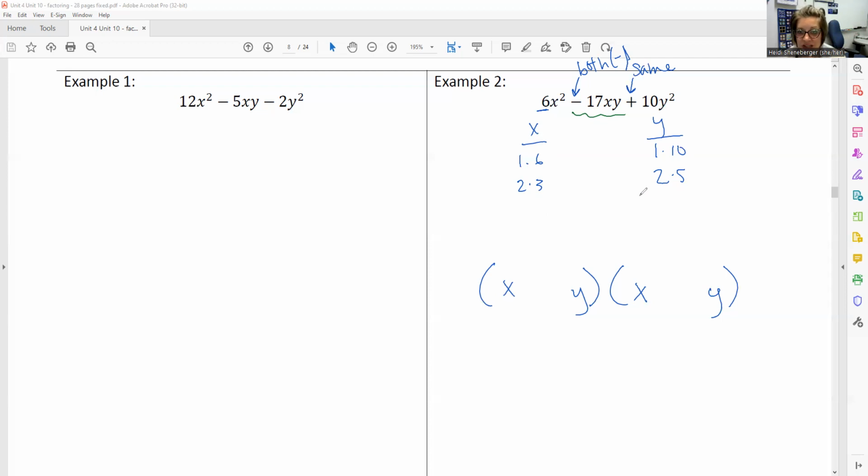Because 15 and 4. Oh, just kidding. 15 and 4 is, oh my God, 19. So too much. Okay, but what I found, and you guys would find this too, is I want to use this one and this one, because if I say 1 times 2, that gives me 2.